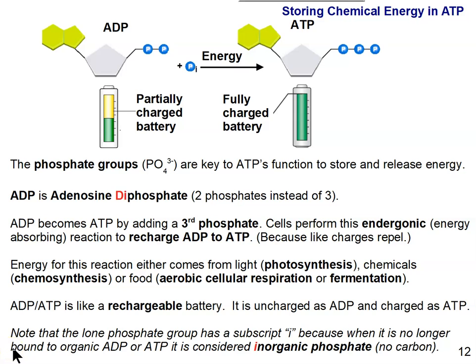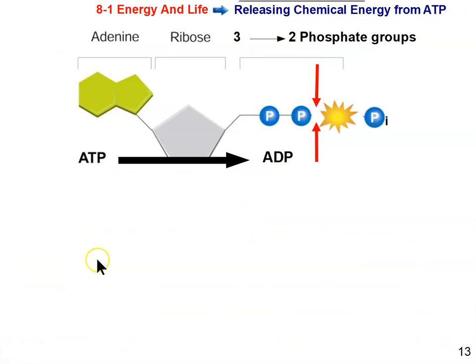So hopefully you can see that this reaction represents the opposite of what we saw on the previous slide. On the previous slide, we were adding a phosphate onto ADP to make ATP, and here we're removing a phosphate so that we're making ADP from ATP. In other words, ATP is going to become ADP when it loses its third phosphate, right?